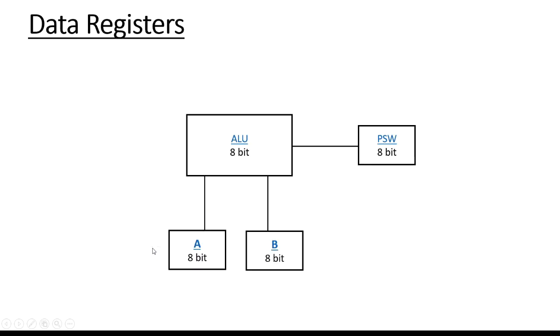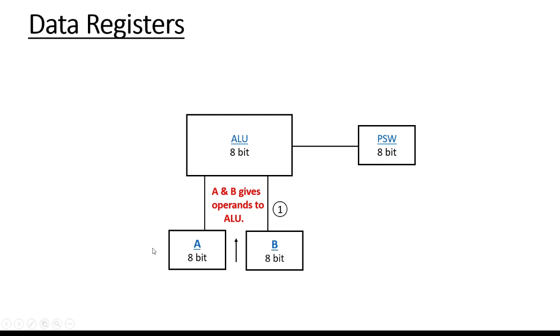So the data registers are registers A and B. The 8051 contains 34 general purpose or working registers. Two of these, registers A and B, comprise the mathematical core of the 8051 CPU. A and B give two operands to the ALU.